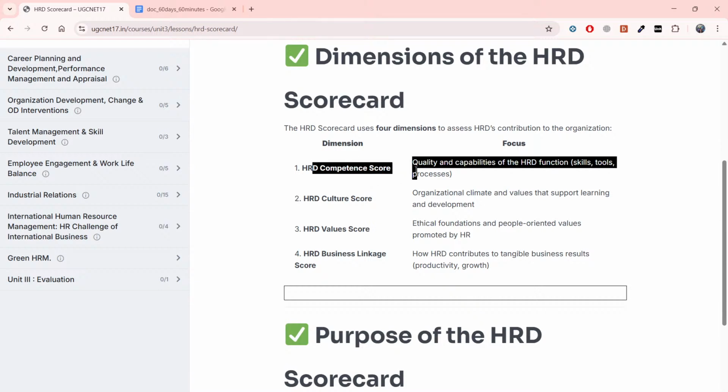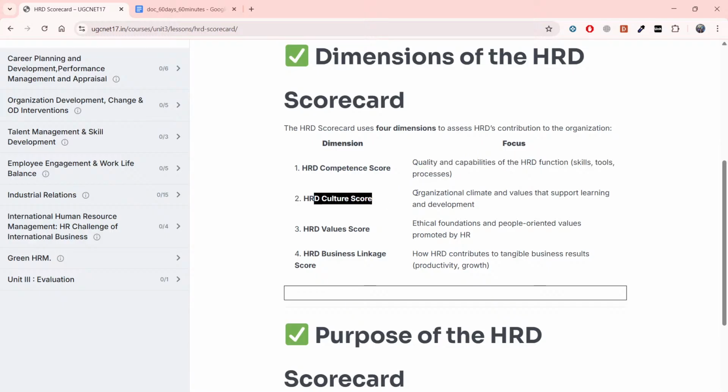First is HRD competence score: quality and capability of the HRD function, skills, tools, processes, etc. HRD culture score: organizational climate and values that support learning and development.